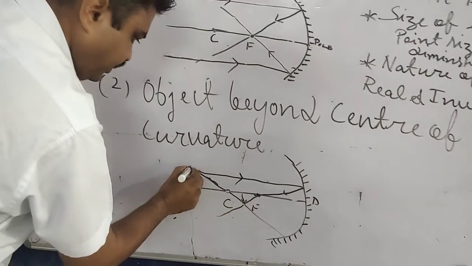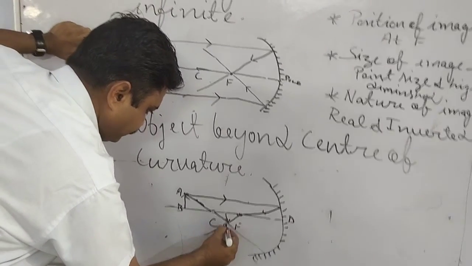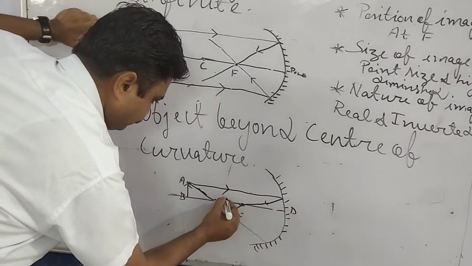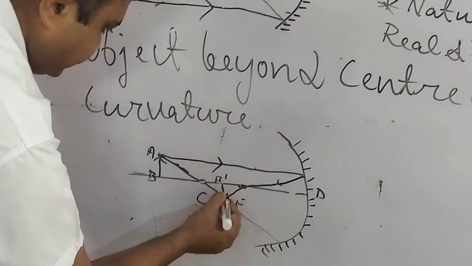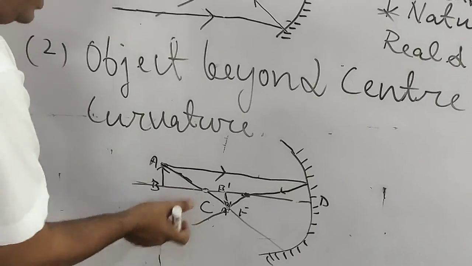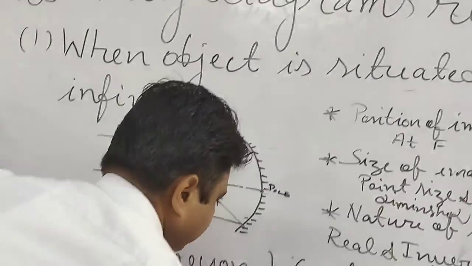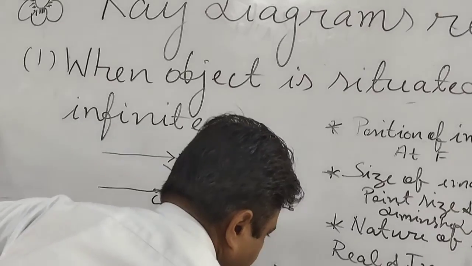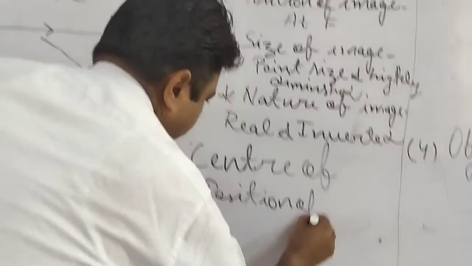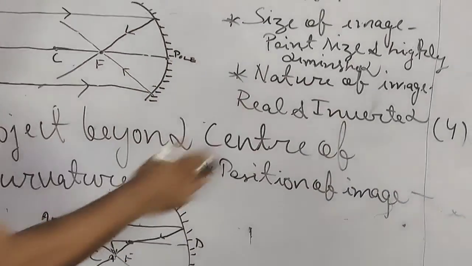It is the object AB, and it is the image A dash B dash. So now you can tell me, what is the position of the image here?